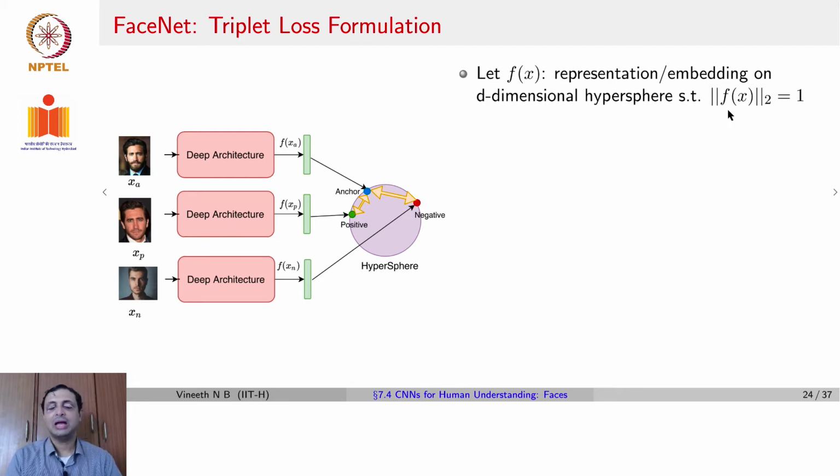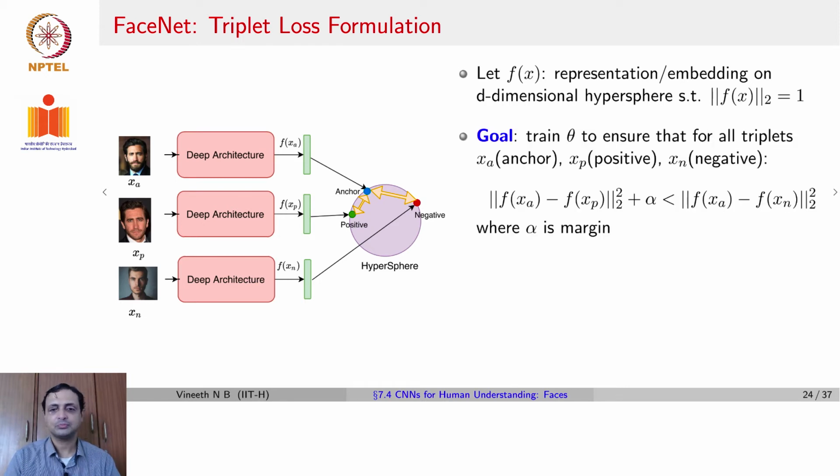You ensure that these representations are normalized so that you get ||f(x)|| equal to 1 for each of these representations. So you normalize those vector representations that you get. Now this would be equivalent to each of these points lying on a unit hypersphere or a unit ball in whichever dimensional space, the 128-dimensional space that you're considering here.